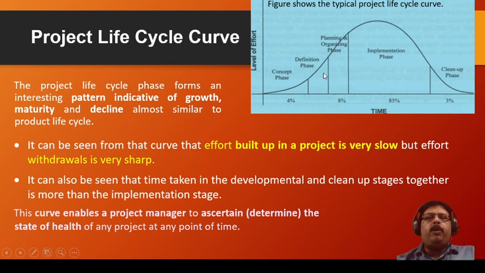If you simply look at this, the curve is slowly moving upwards, which means in the initial phases of the build up, the project curve varies very slowly, but when it is withdrawn, the effort is withdrawn very sharply. So it moves upwards slowly, but when it is withdrawn, it drops with a sharp curve.